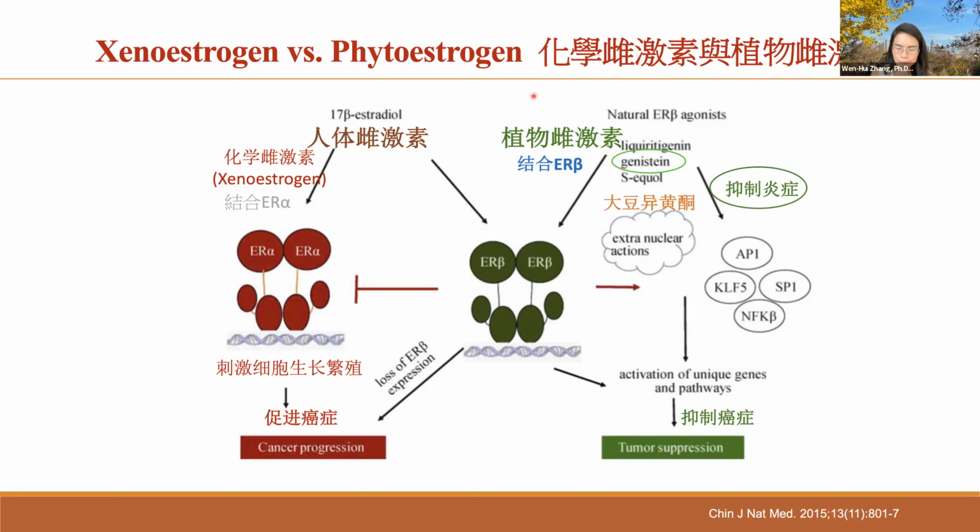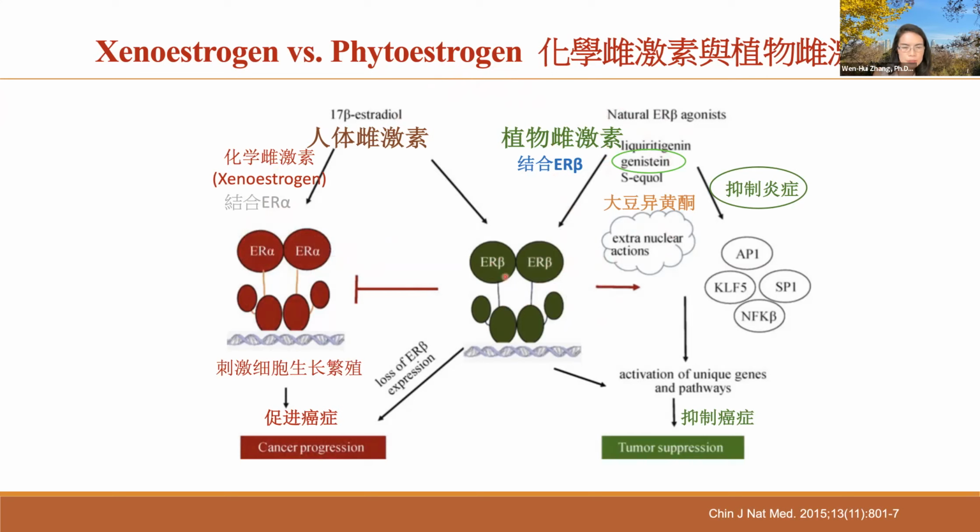Like the body's estrogen binds to both estrogen receptor alpha and beta. So phytoestrogens bind to estrogen receptor beta, and it actually competes with the binding with estrogen receptor alpha.